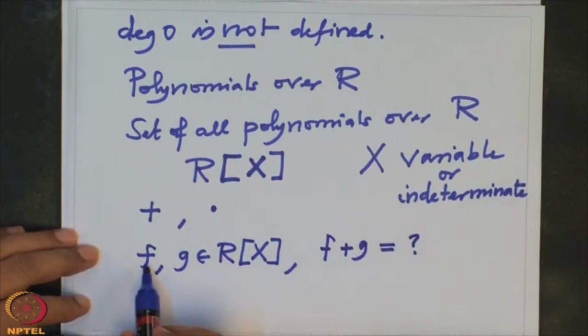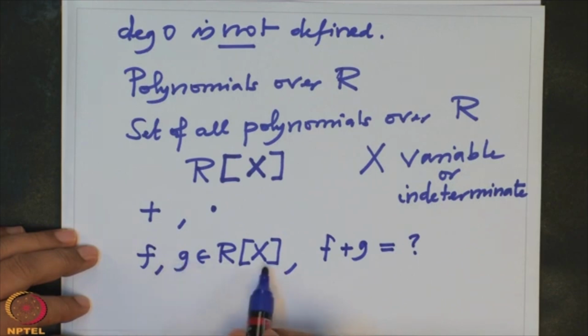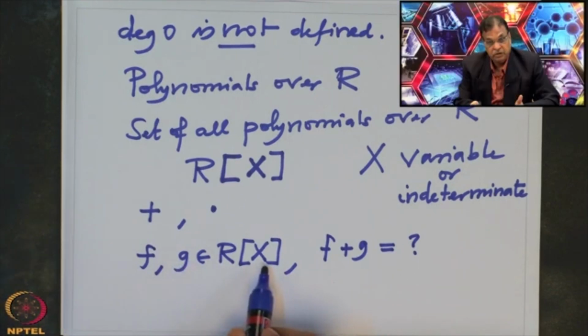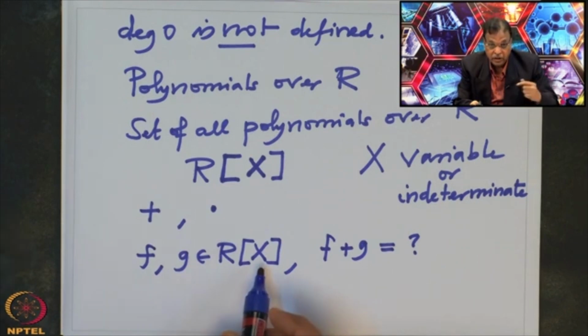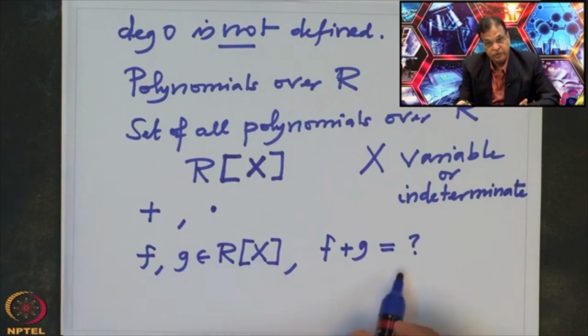It's very simple. You take f and g and think of them as tuples, numbered by the natural numbers, with only finitely many non-zero. I add the corresponding coordinates and put them as the coefficients of this new tuple. That is called f plus g.